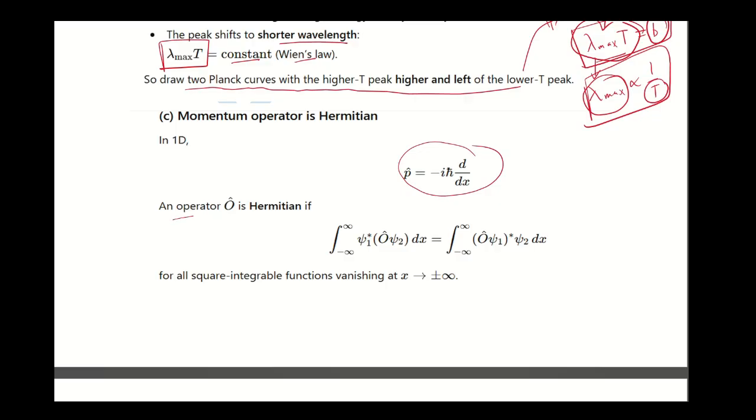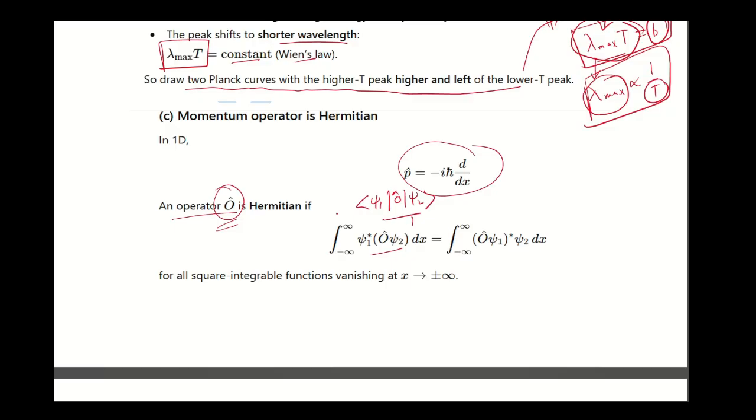Now for a Hermitian operator, suppose we consider O cap as a Hermitian operator and we are finding the expectation of this operator. You can write it this way: psi 1, O cap, psi 2.